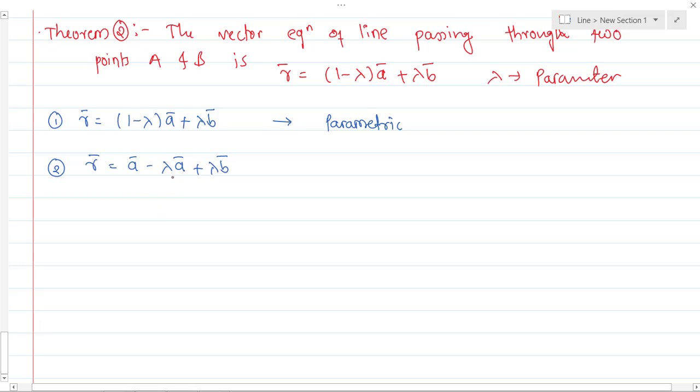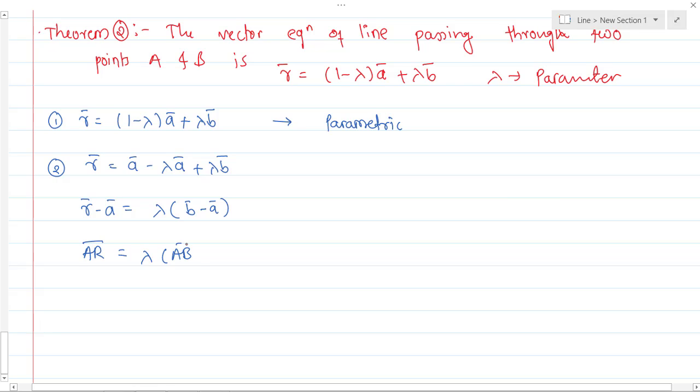Okay, so you take that a this side, so we will have r bar minus a bar is equals to, if I take lambda common, lambda into (b bar minus a bar). See here, r minus a and b minus a means this becomes AR bar is equals to lambda into AB bar.